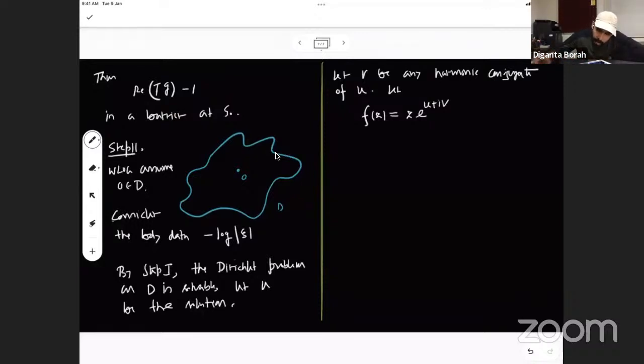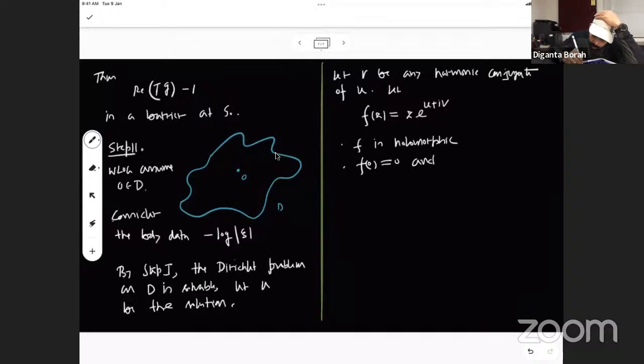Okay, so what are the properties of f? f is certainly holomorphic, and f of 0 is 0, and you see f cannot vanish anywhere else because neither z nor the exponential part vanish at other points, right?